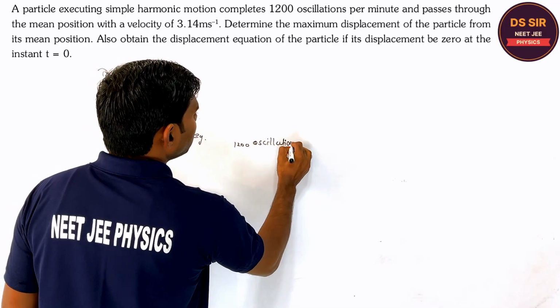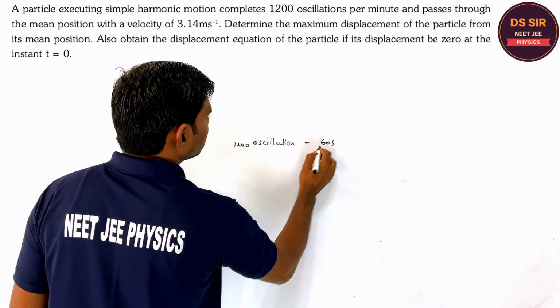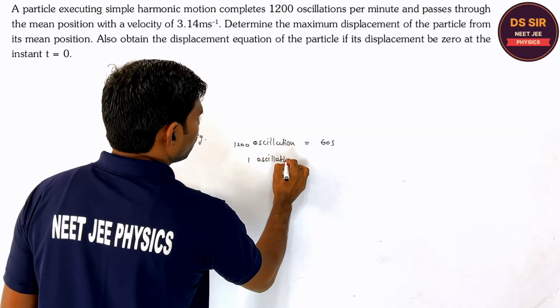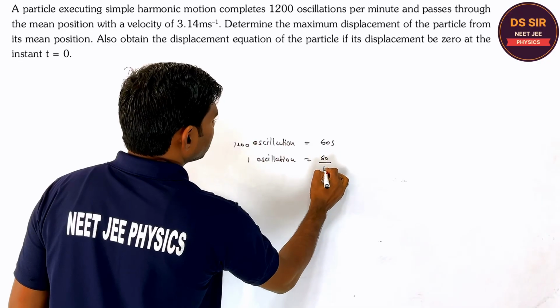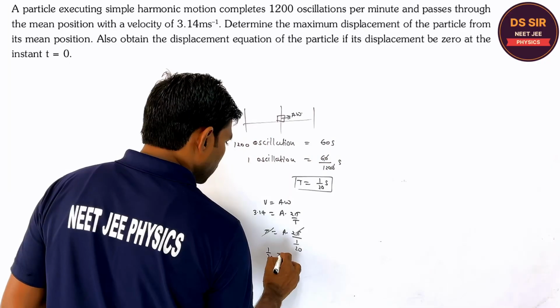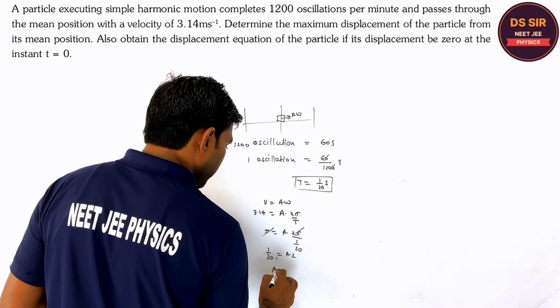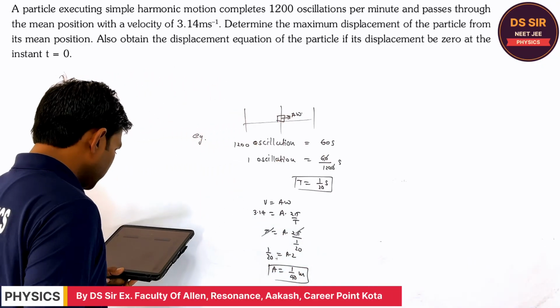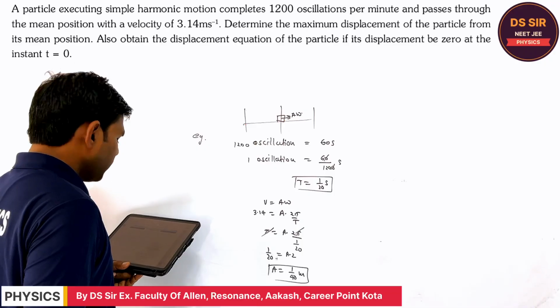right? 1200 oscillations in 1 minute means 60 seconds. So one oscillation will be completed in this much seconds, is equal to a into 2. So amplitude is equal to 1 upon 40 meter. This is the amplitude, the maximum displacement of the particle.